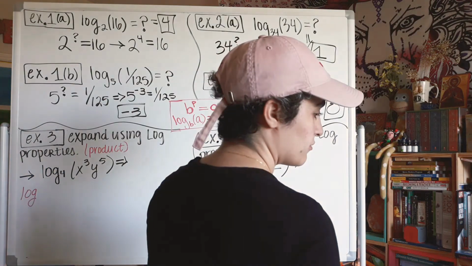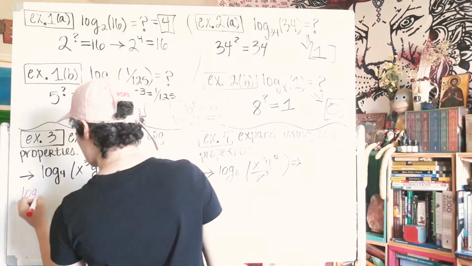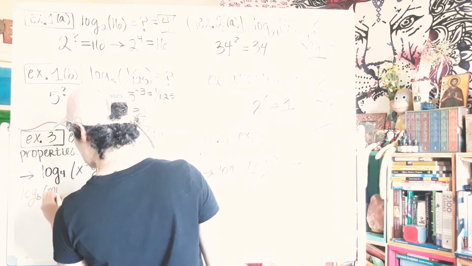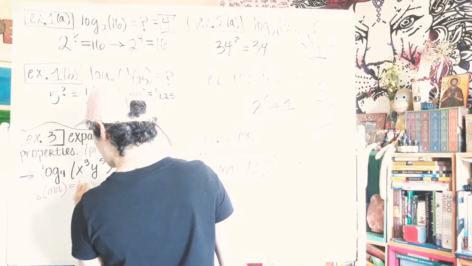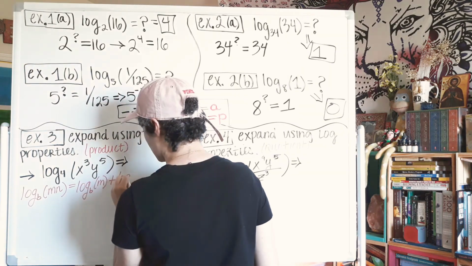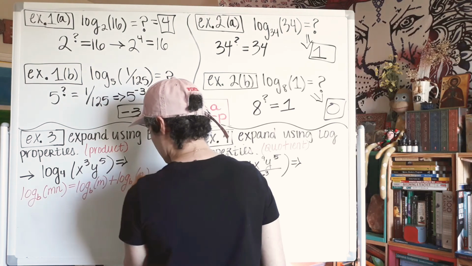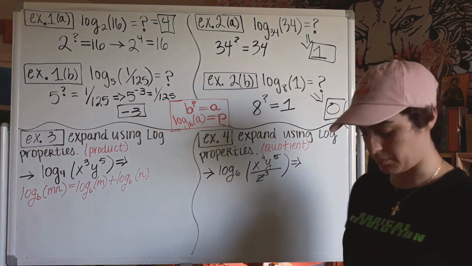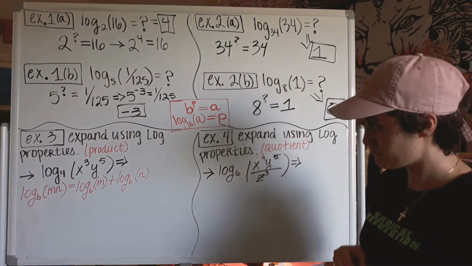log of base B mn is log bm plus log bn. This is the property for products.